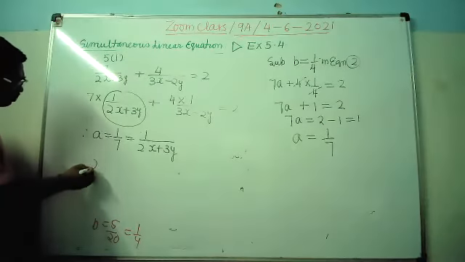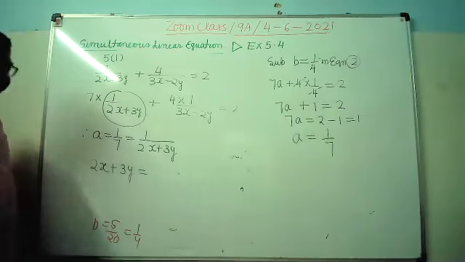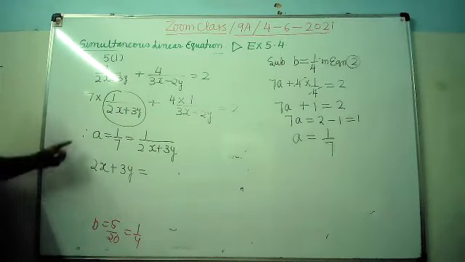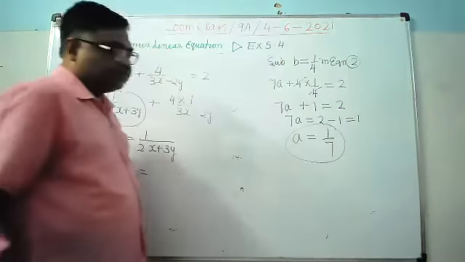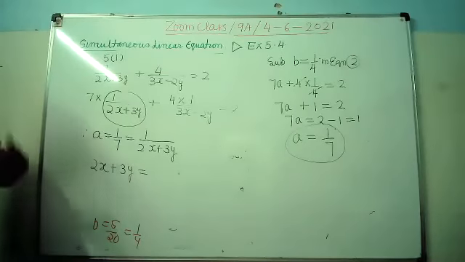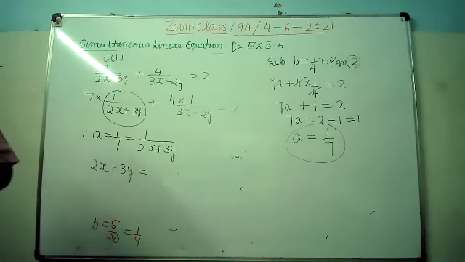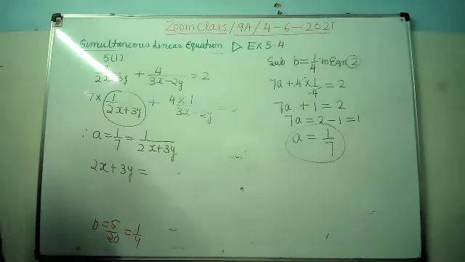So what would be 2x plus 3y? Who can tell? We found the value A equals to 1 upon 7, and earlier we assumed A equals to this. So what is 2x plus 3y?